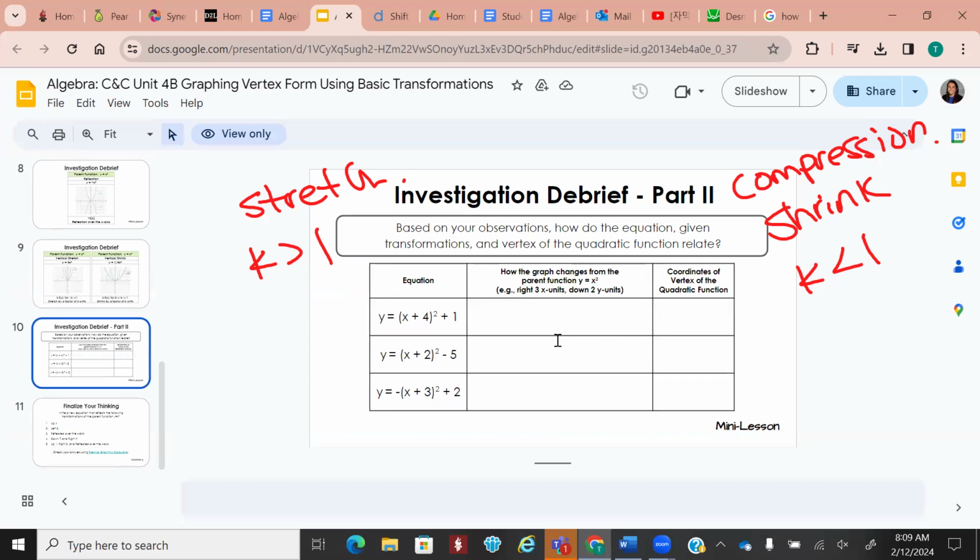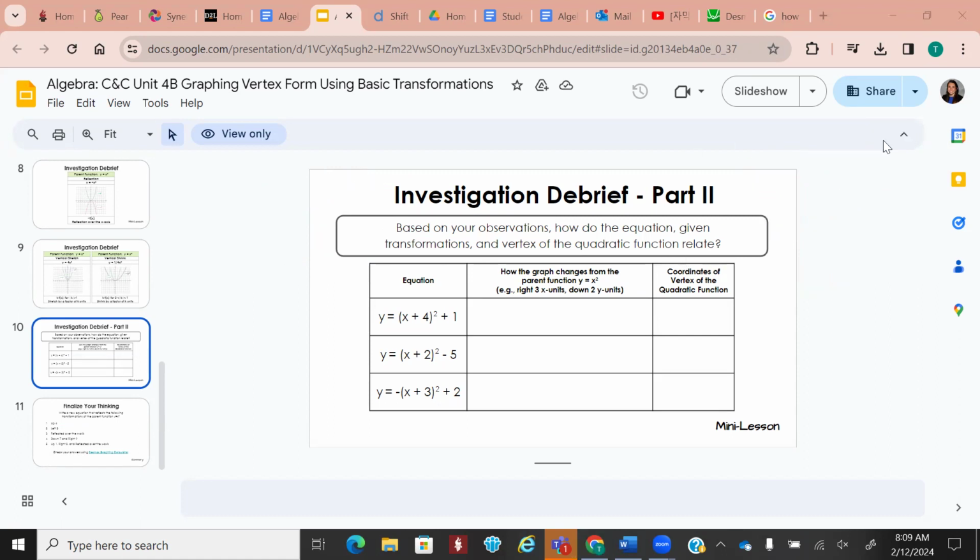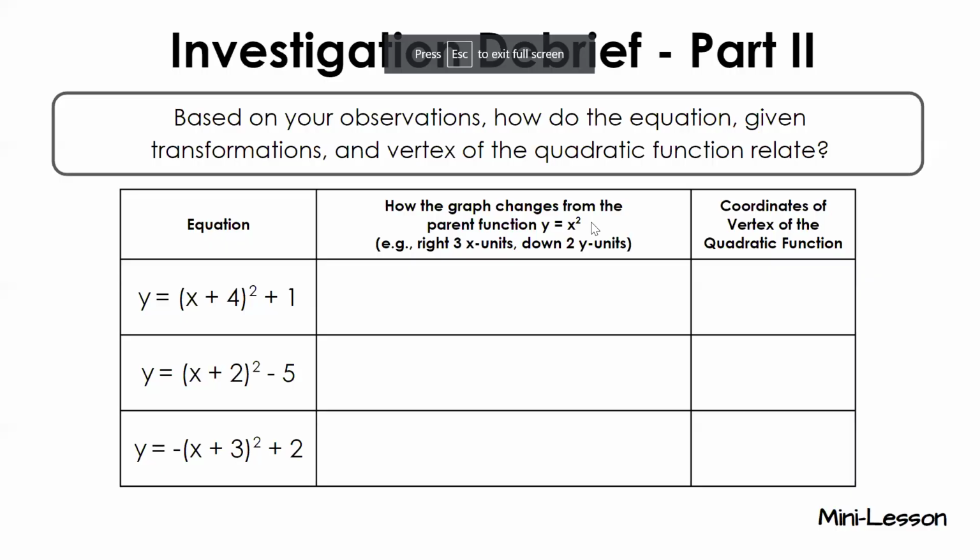Okay, so I want you to go ahead and take a moment. Based on your observations, how do the equations, given the transformation and the vertex of the quadratic function, relate? We're going to work through a couple of them together. Since I have x plus 4 squared plus 1, this plus 1 on the outside means I'm going to move up 1.